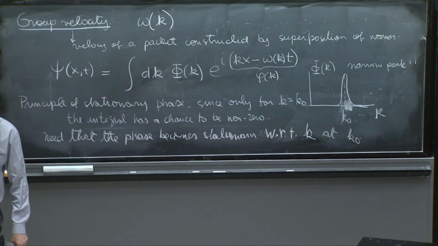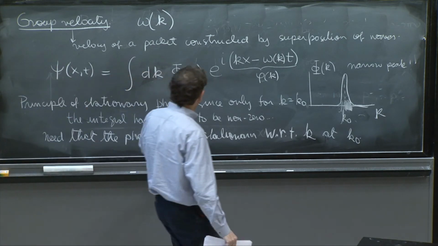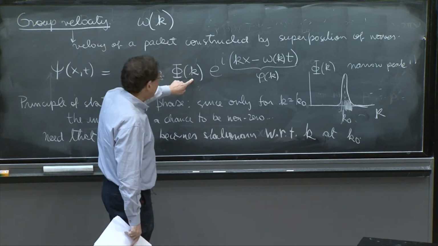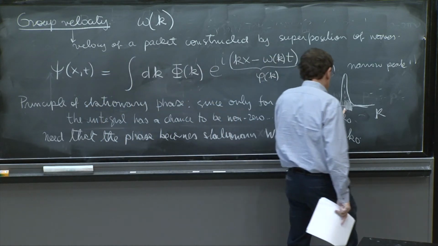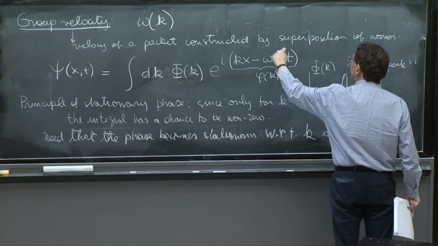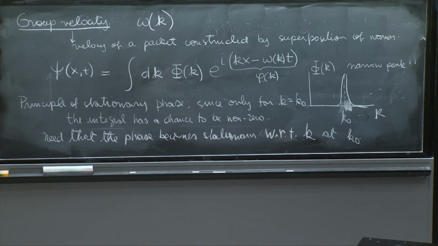So around k naught, better be that the phase doesn't change quickly. And the slower it changes, the better for your integral. You may get something. So if you want to figure out where you get the most contribution, you get it for k around k naught, of course, but only if this thing is roughly stationary.